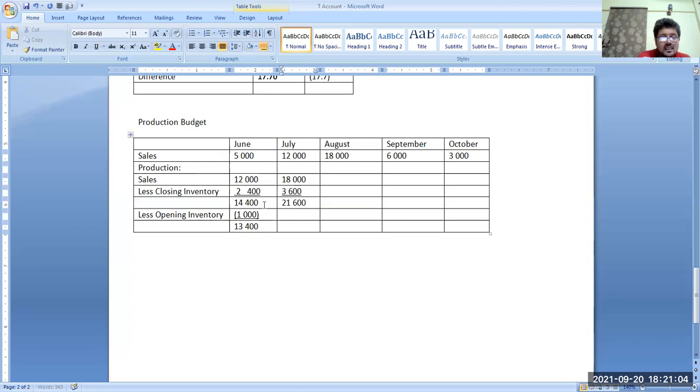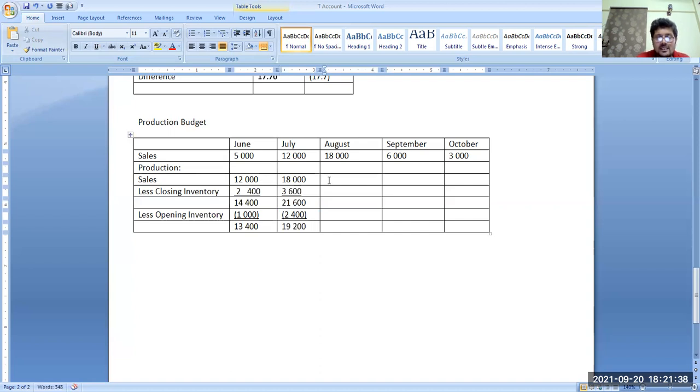Then closing inventory in June would be the opening inventory in July, 2,400. And it means 21,600 minus 2,400, it is 19,200.